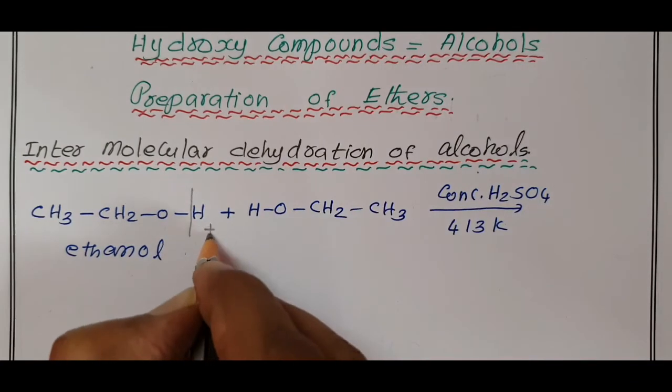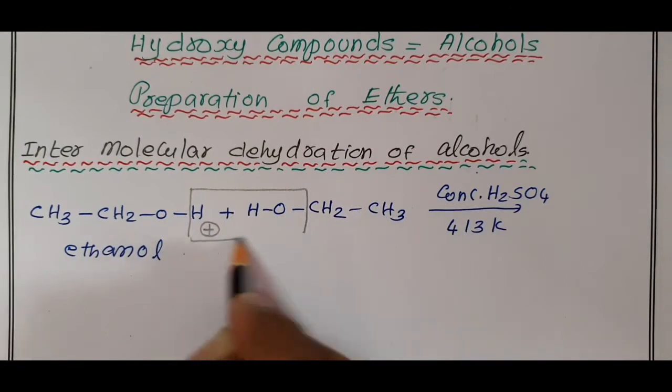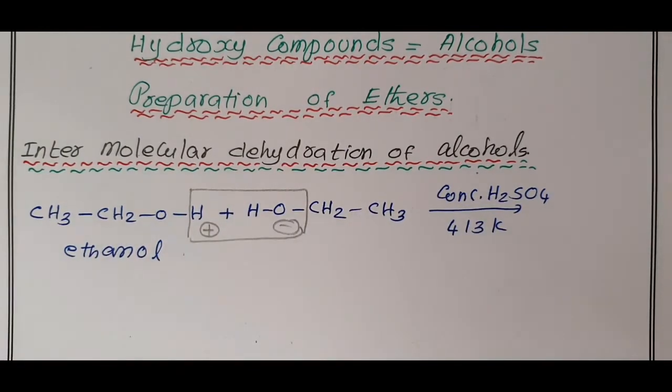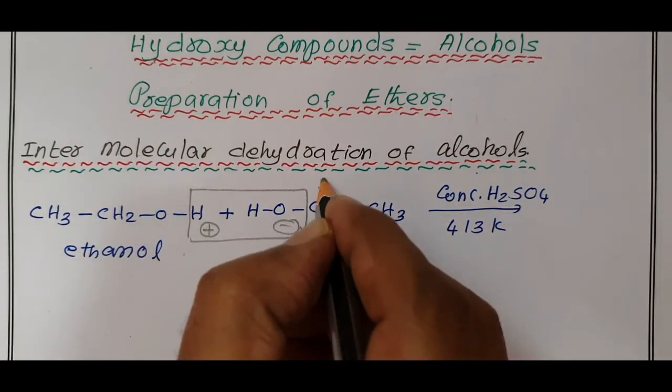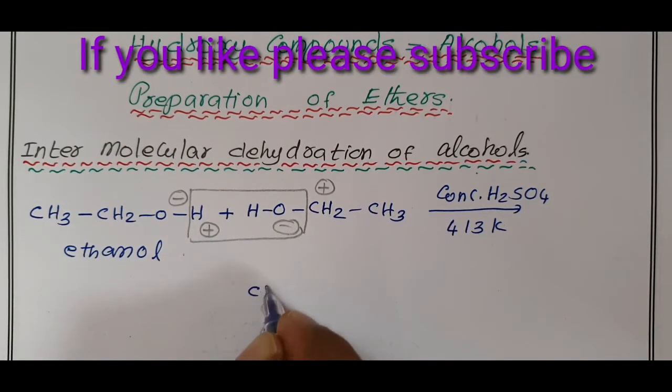Between the molecules, water is removed. H plus and OH minus are removed as H2O, and this carbon plus is added to O minus, giving diethyl ether. What is the molecular formula of the product?